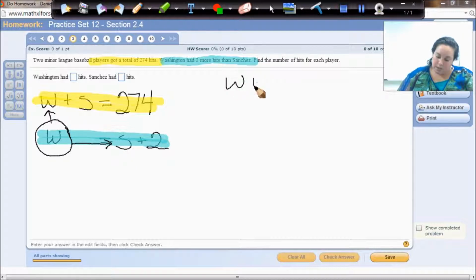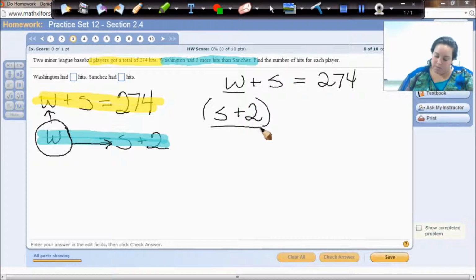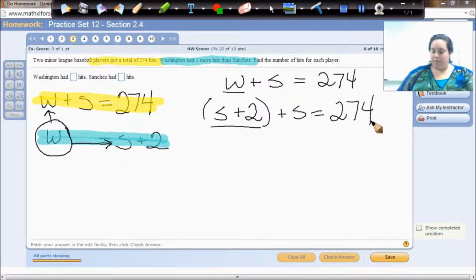So our equation was W plus S equals 274, but we also know that W equals S plus 2, so we're going to replace W, it's called substitution, replace W with, sorry, not W plus 2, but S plus 2. Okay, so replace W with S plus 2, and then plus S equals 274. Great.